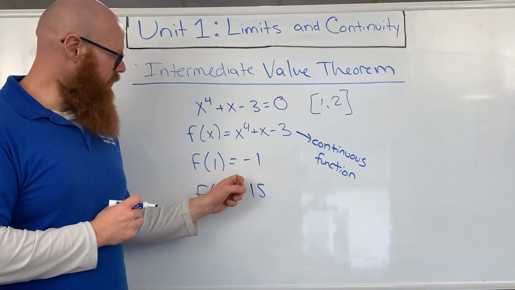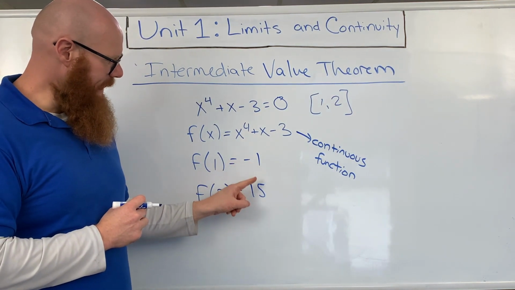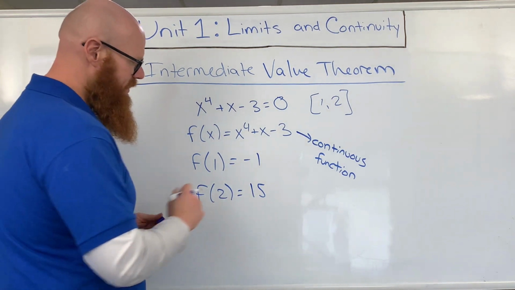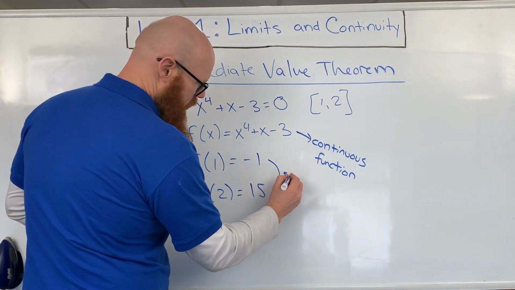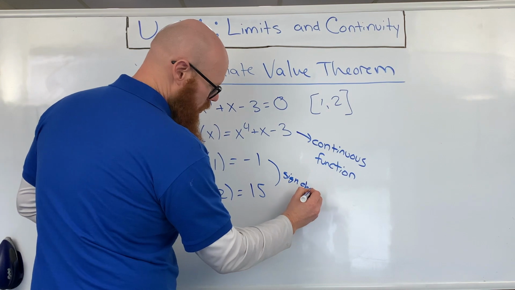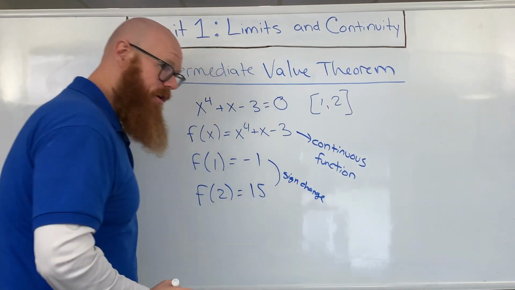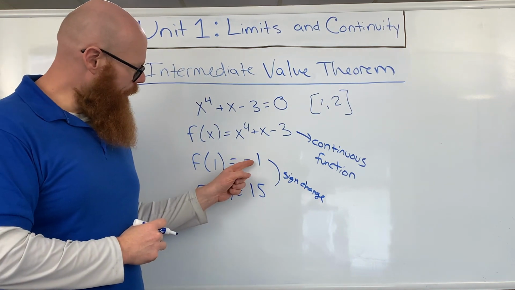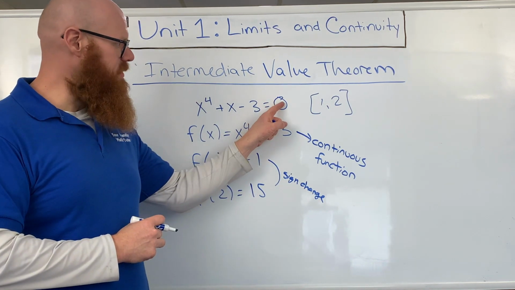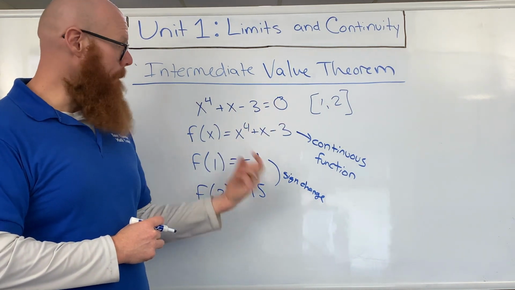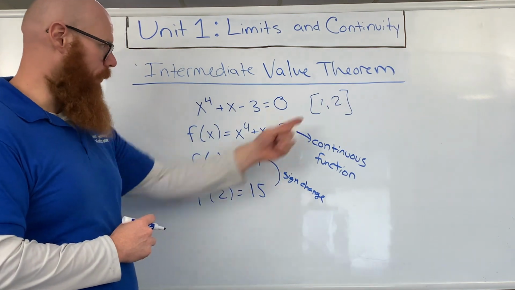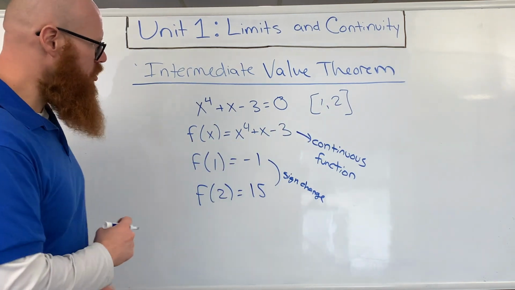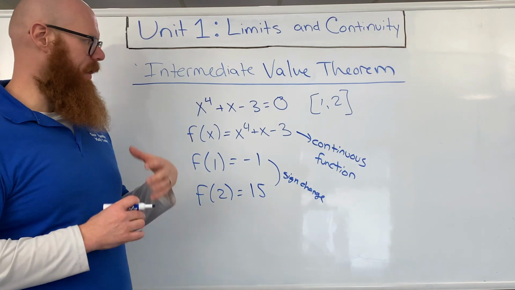And it goes from negative to positive. So notice this sign change. If it's continuous and it goes through every single point that could exist, it can't go from -1 to 15 without somewhere being 0, and it must have occurred on the interval from 1 to 2. All right, so that is how we can use the intermediate value theorem.